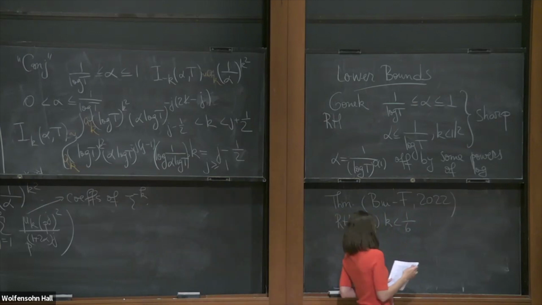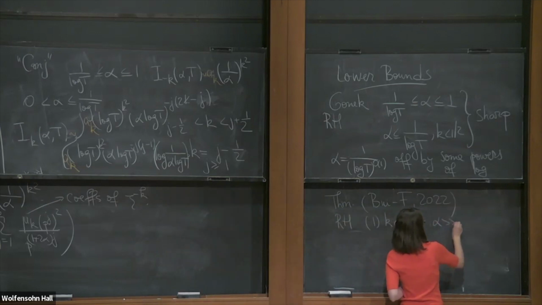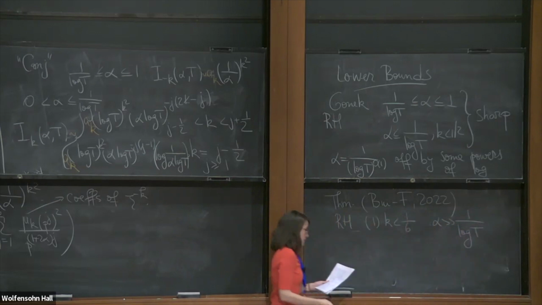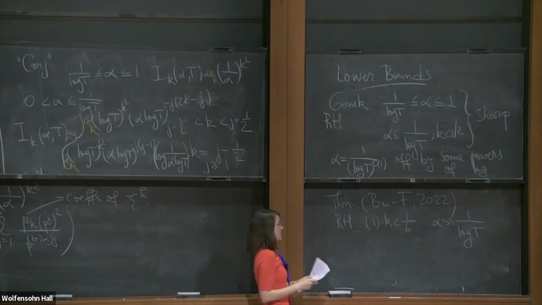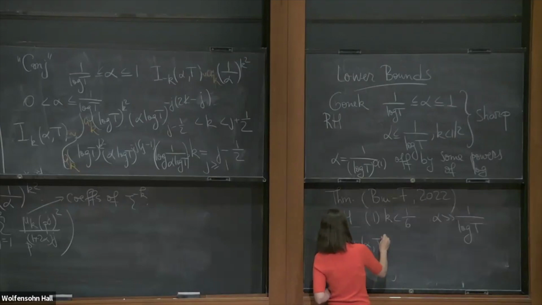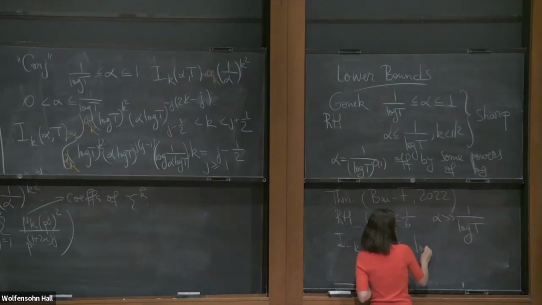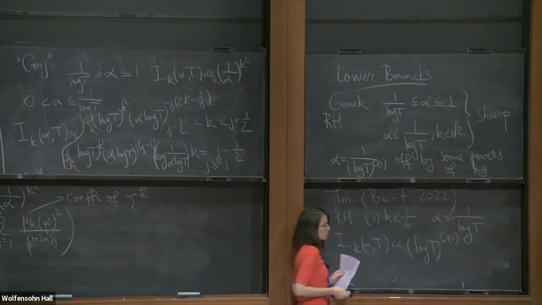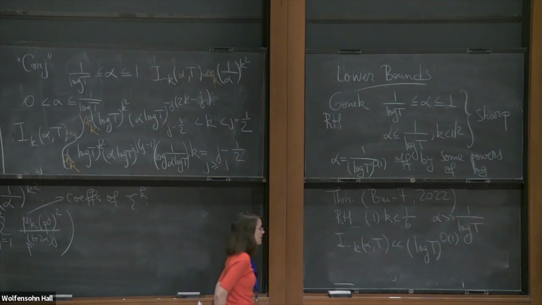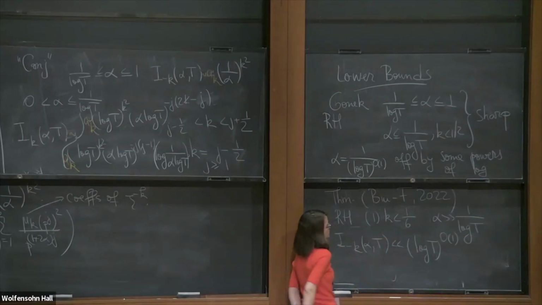So when k is less than 1 over 6 and alpha is bigger than 1 over log t, to the right of this line, we get almost sharp bounds. We bound the negative kth moment by log t to the big O of 1. This big O of 1 here is explicit; I think we get something like 2k squared. It depends on k. And probably with a bit more work, we could get a sharp upper bound.